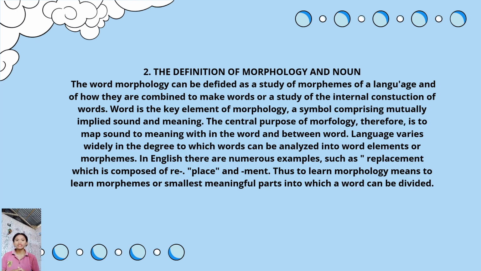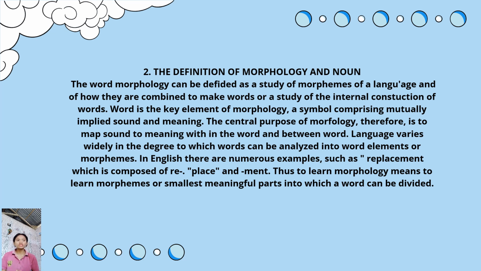Languages vary widely in the degree to which sounds can be analyzed into word elements or morphemes. In English, there are numerous examples, such as replacement, which is composed of re, place, and ment.